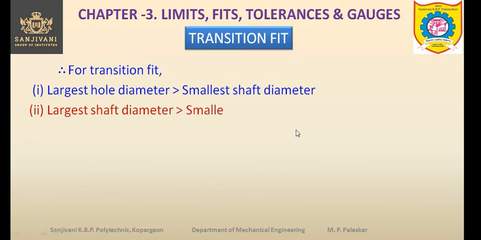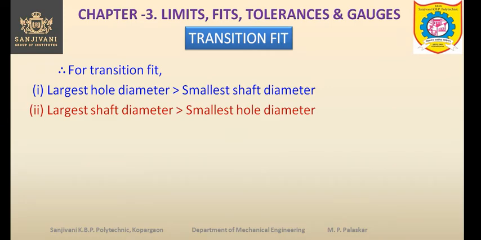But if the shaft diameter is largest and hole diameter is smallest, then shaft diameter may be greater than the hole diameter. So it depends upon the actual size, whether it is largest or smallest. So either hole may be greater or shaft may be greater in transition fit.